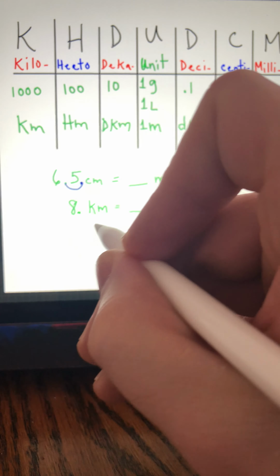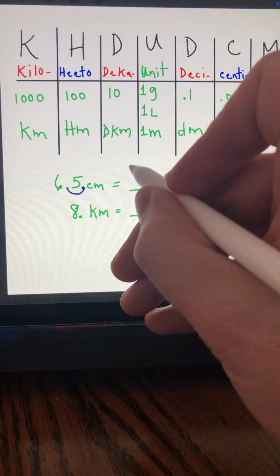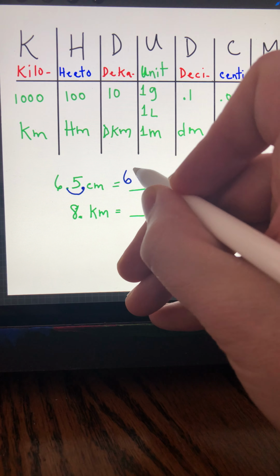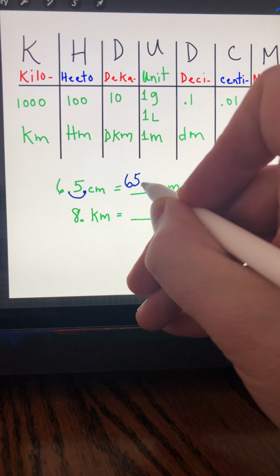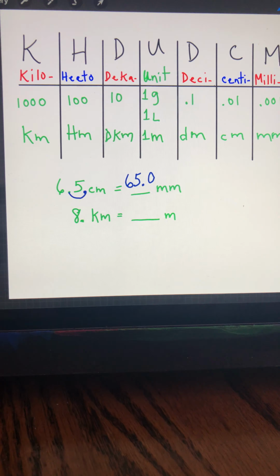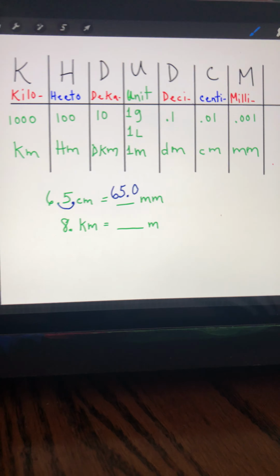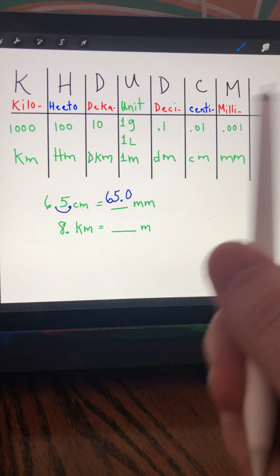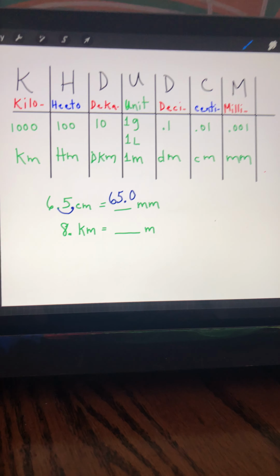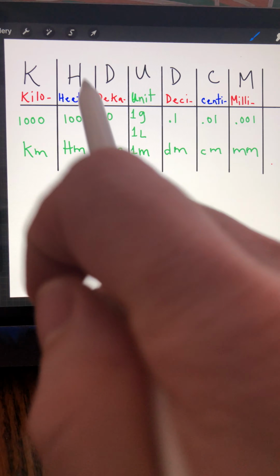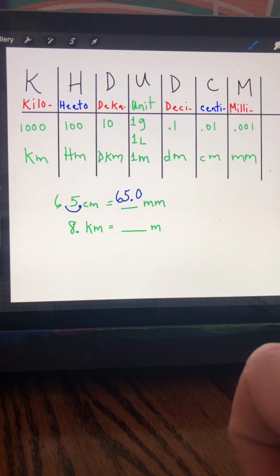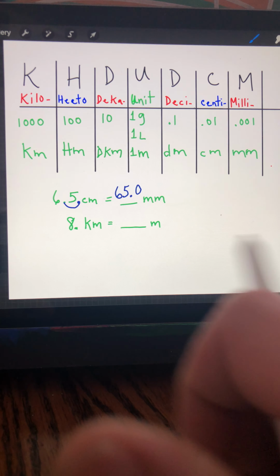Now it's right there. So now I know the answer is going to be 65.0, no more. So this place value chart, or this metric system chart, is very helpful. So I'm going to take a picture of this, and I'm going to post this as well in a minute. Let's look at another one.